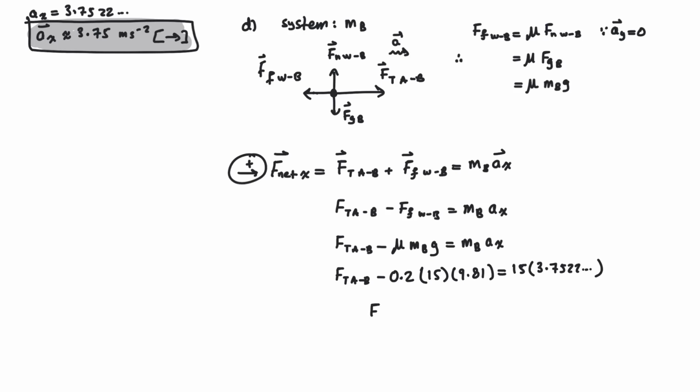Once I put all the values in my calculator, I will get that the tension force acting between A and B, its magnitude, is going to equal approximately 85.7 newtons. I just need the magnitude and no directions here. And this is going to be my final answer.